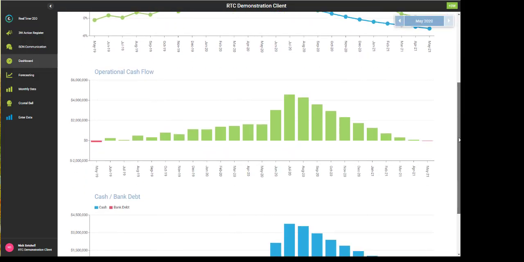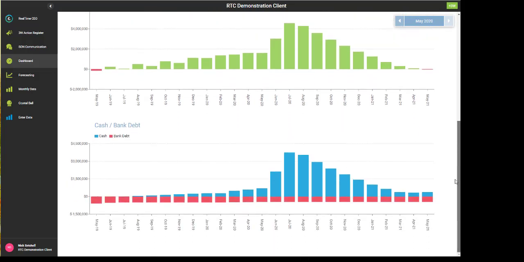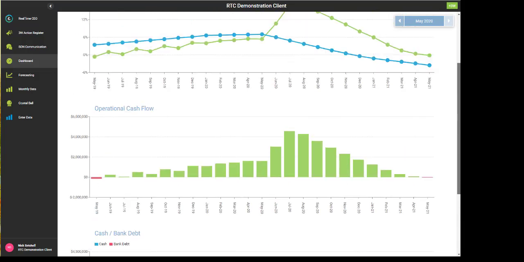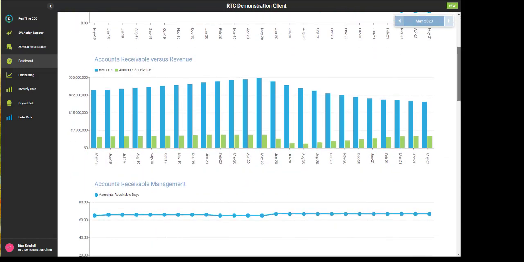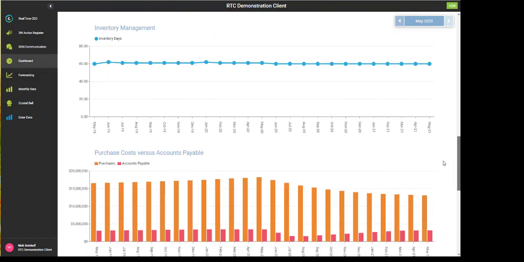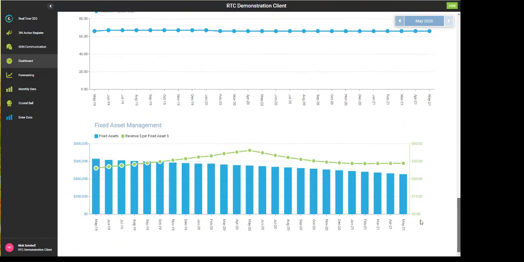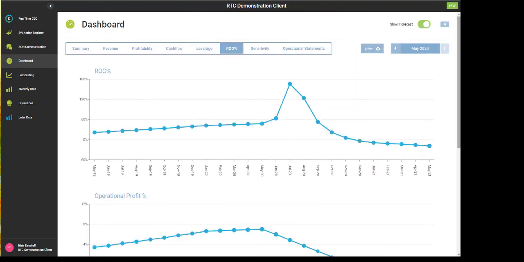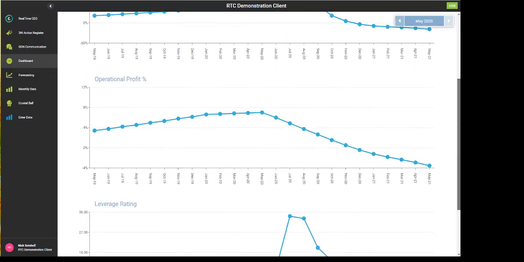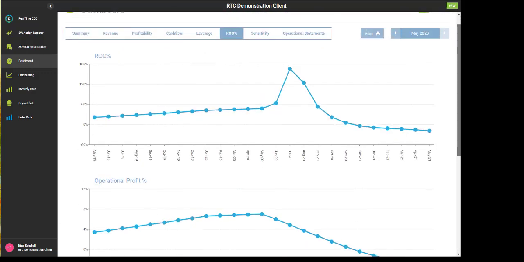We also track absolute cash flow generation and cash and debt levels. We also have trend analysis on the leverage rating and all of the elements that impact the leverage rating. Trend analysis on our return, that is of course bringing together our profitability and leverage rating.